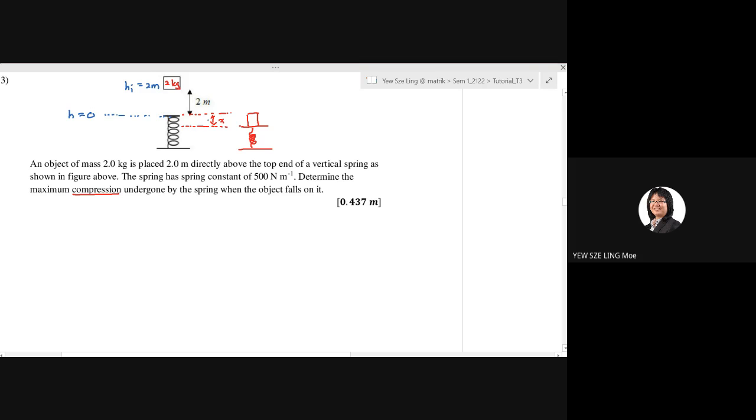When the object falls on the spring and compresses it, my h is now a negative value, because it is located below h equals 0. This negative value equals the length of the compression, negative x.